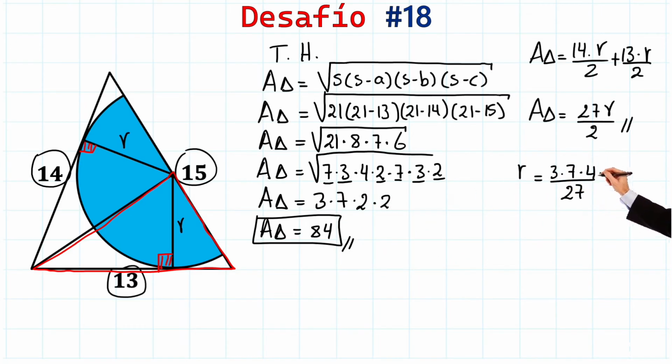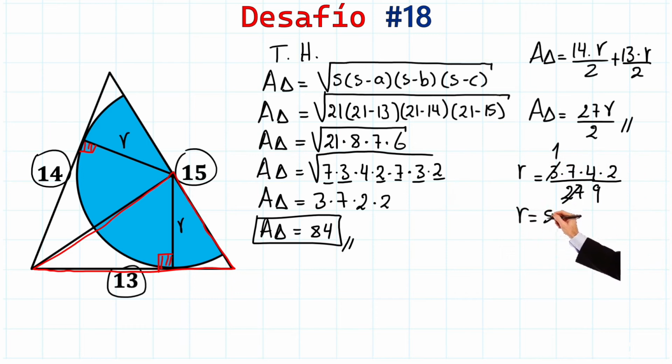So, what do we have left here? 1/3 of 27 is 9, and 1/3 here is 1. Very good. What do we have then? 7 times 4, which is 28. 28 times 2, which is 56. Ladies and gentlemen, the radius of the semicircle is 56/9.